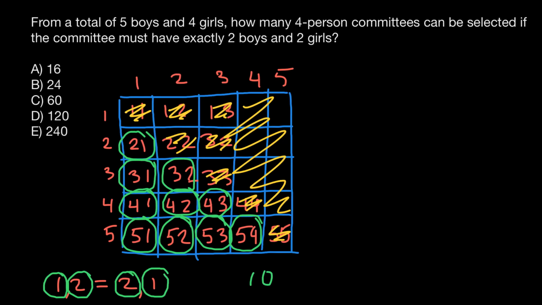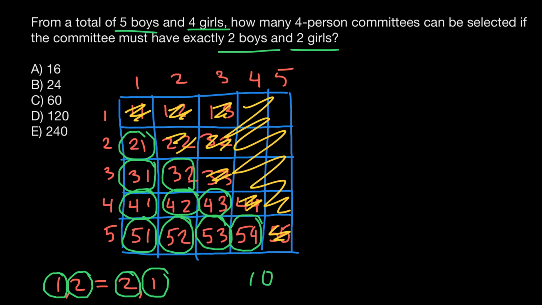Boys cannot be repeated. Now do not forget that we have to choose 2 boys out of 5, and we also have to choose 2 girls out of 4 girls. Again, we are going to use the same rules.